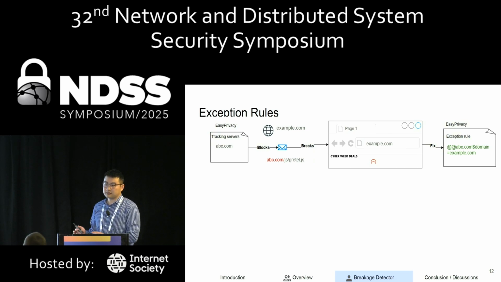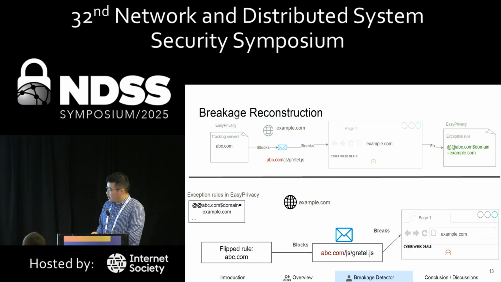We looked at these exception rules, and we realized that it is possible to reconstruct breakages from exception rules. Let's see how Duumviri does it. Starting from the exception rules, Duumviri will visit the site specified in the exception rule. It doesn't use the exception rule, though.